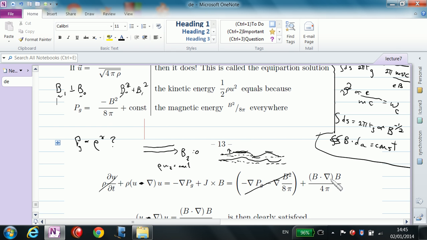It's due to the fact that you're stretching the magnetic field lines, and they have tension, and they want to straighten out. So the magnetic tension balances the centrifugal force. Every time the fluid takes a curve, the centrifugal force pushing out is equal to the magnetic tension pulling it back in.